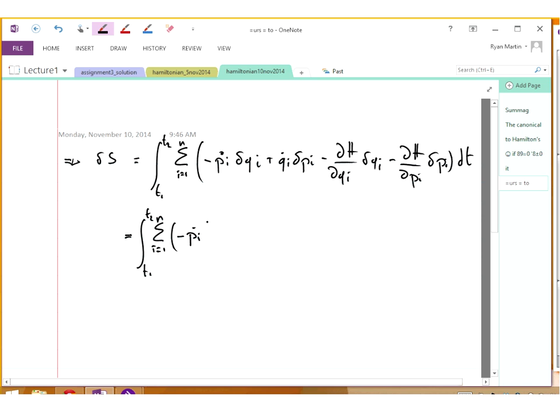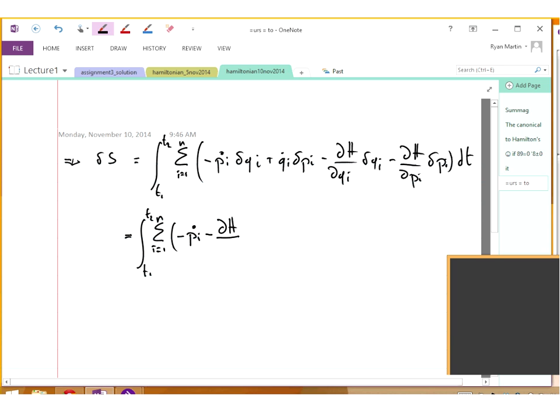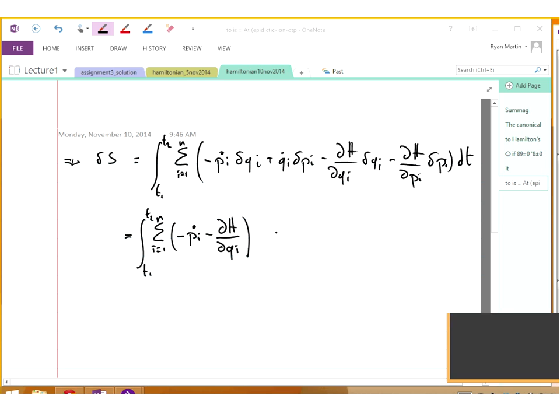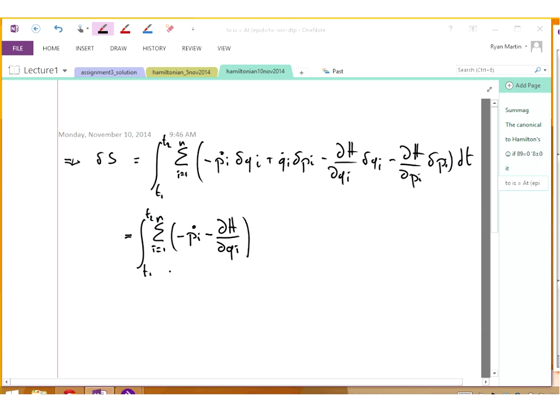So I have minus p_i dot minus ∂H/∂q_i, and that's the term in front of delta q_i. And then I factor the term that has the delta p_i's. So here I have q_i dot minus ∂H/∂p_i delta p_i.